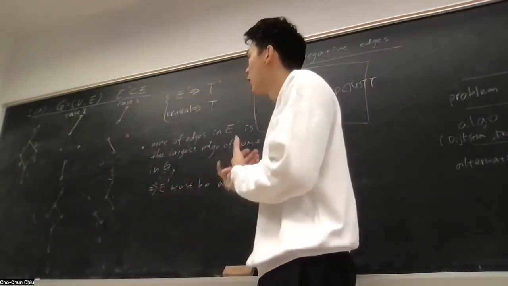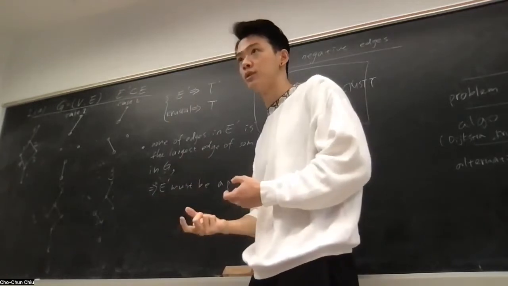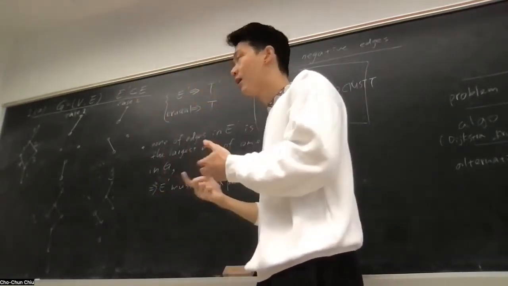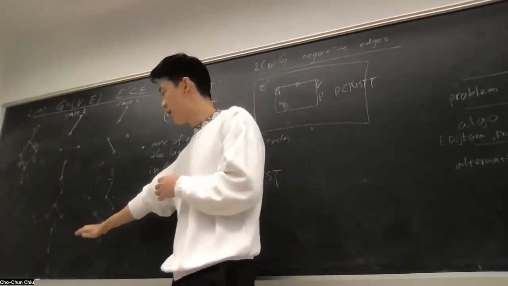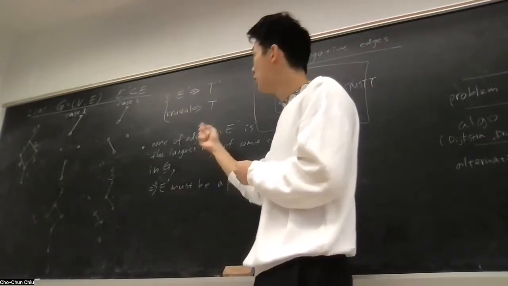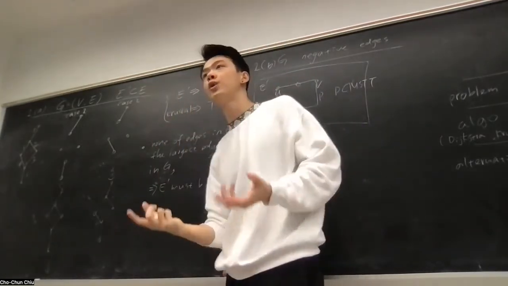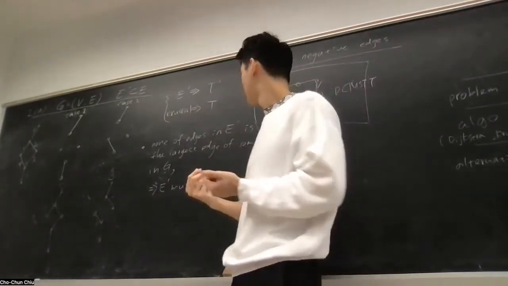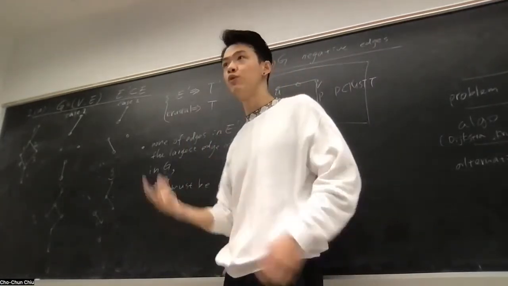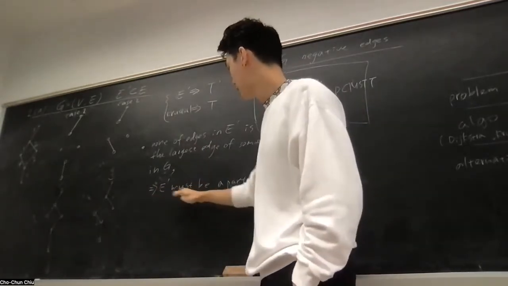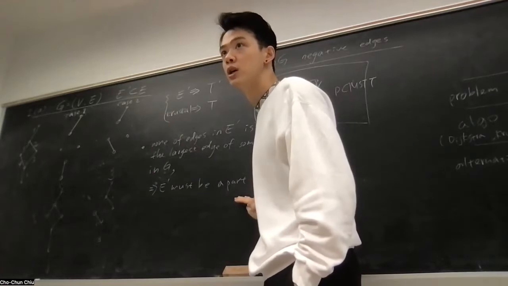But if we add a condition, can we have the MST in the end? So that's the condition. If E doesn't contain any cycle, and none of the edges in E is the largest edge of some cycle in G, if we have those two conditions, we can make sure that E must be a part of MST, right?